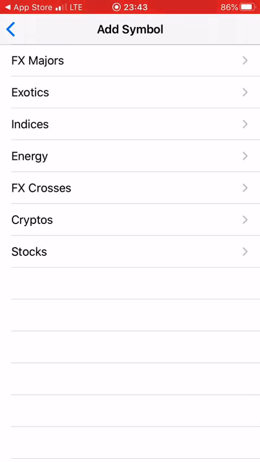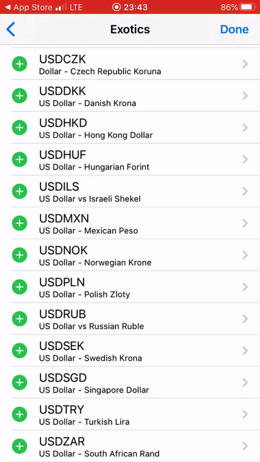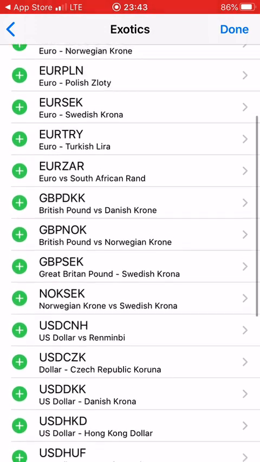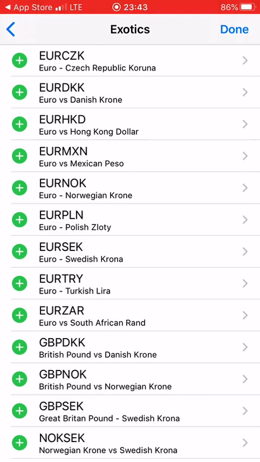And then there's exotics, like USD ZAR, that's South African Rand, Singapore dollar, Swedish krona. Not too many people really trade these, but I've heard of people trading the Mexican peso. Then there's Hong Kong dollar, Norwegian, and Czech Republic.